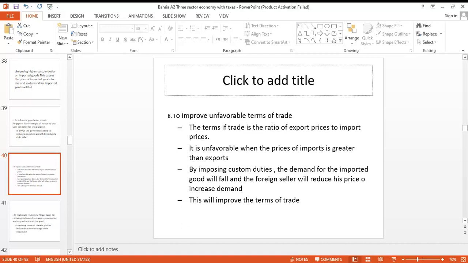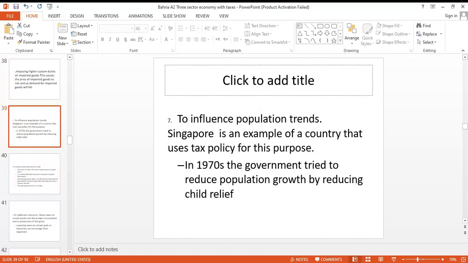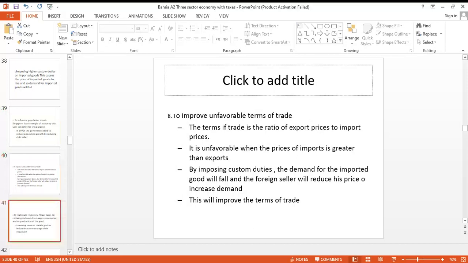It gives relief to parents who have children, but when it removes the relief from the children, that means that it is actually discouraging the increase of population. So where does it find the money to give this relief? That also through taxation. So taxation is used to influence population as well.